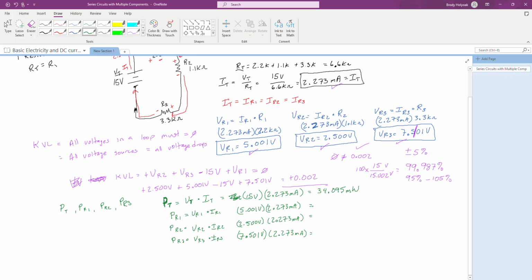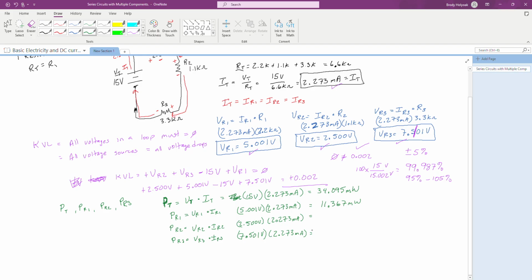So 5.001 volts times my 2.273 milliamps gives me 11.367 milliwatts. Okay, my power of R2 is 2.5 volts times my 2.273 milliamps.